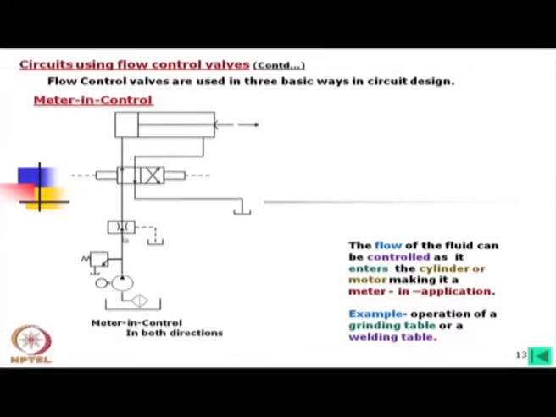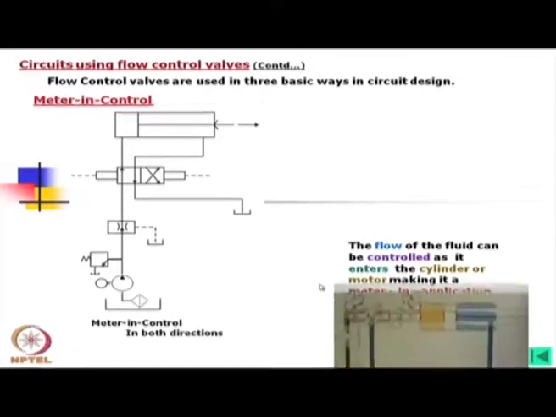whereas on the other hand it can move faster. Although there is control in both directions, at that time there will be low pressures, and as the area is less, it will return very fast. So, while it is grinding or welding, it will operate at slow speed with a controlled flow.